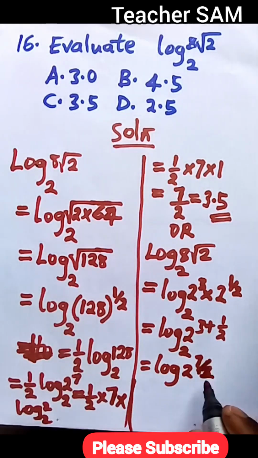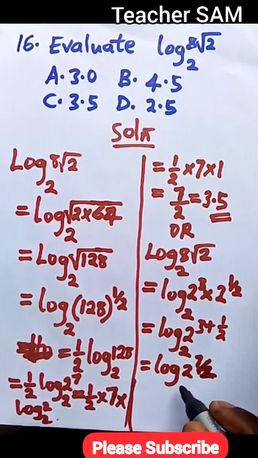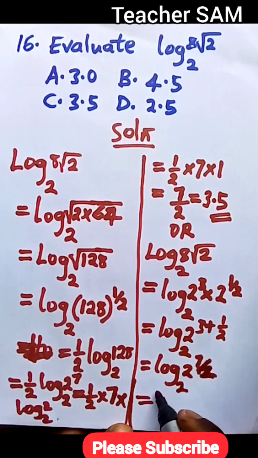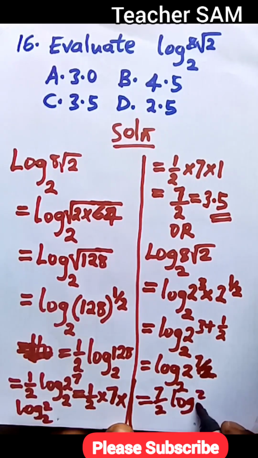Now to base 2, the power comes out, so this will be 7 over 2 log 2 to base 2.